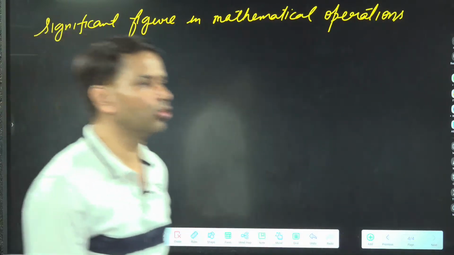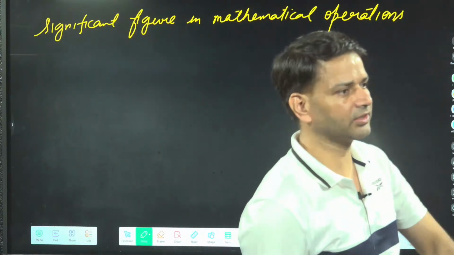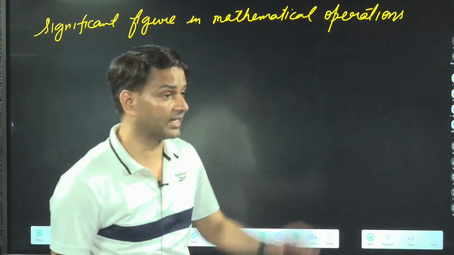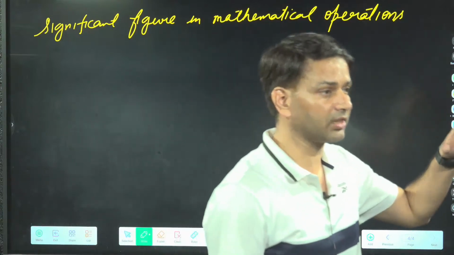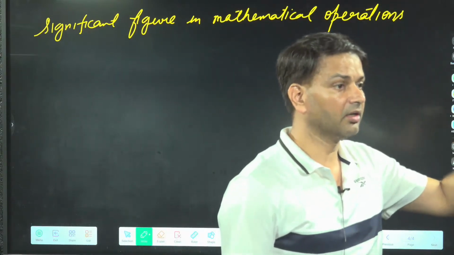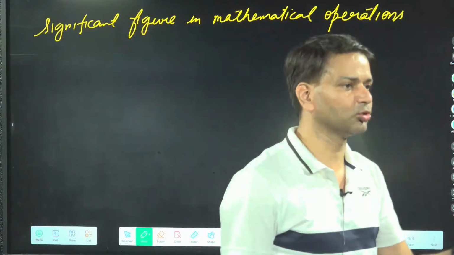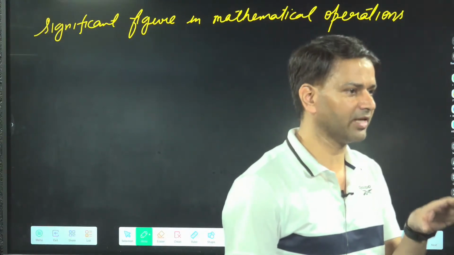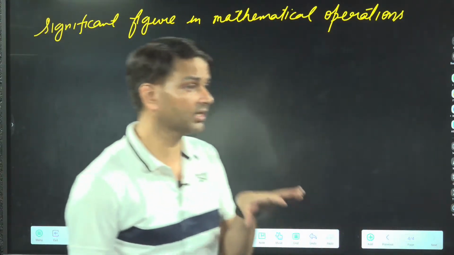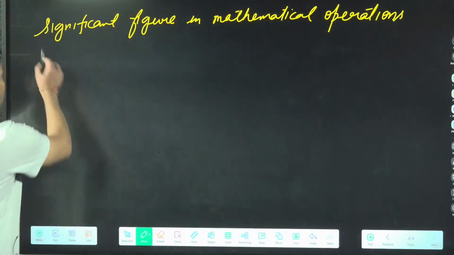What rule do we have to follow in the case of addition or subtraction? If they are asking, write the addition up to the correct significant figure. They will not ask to just add these two quantities. They are asking for up to the correct significant figure. So what is the rule for that?